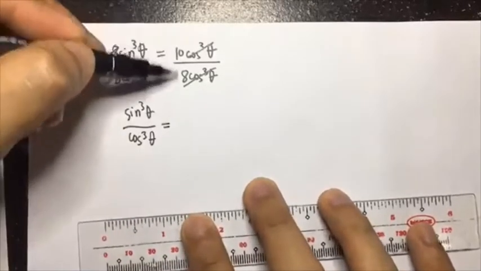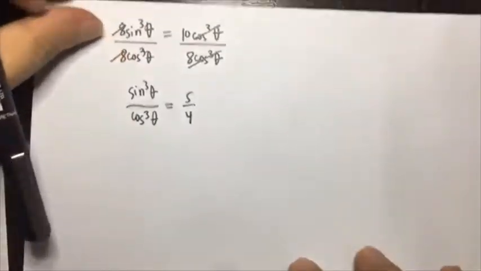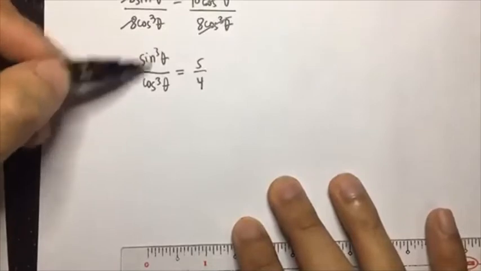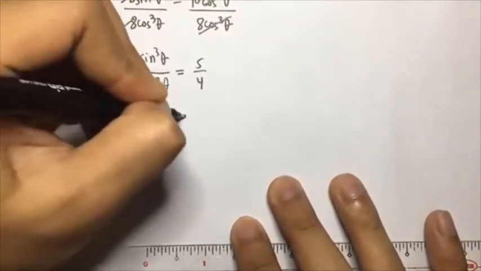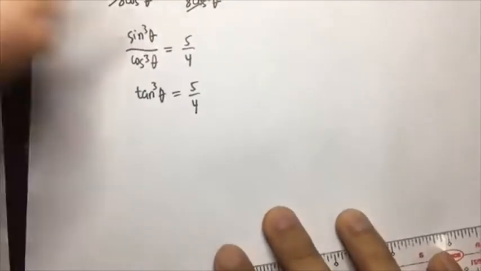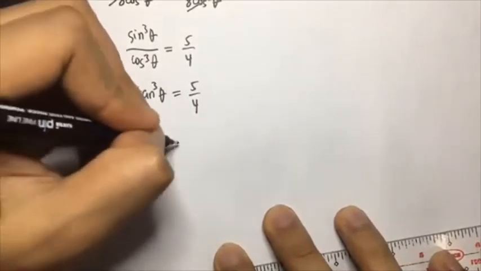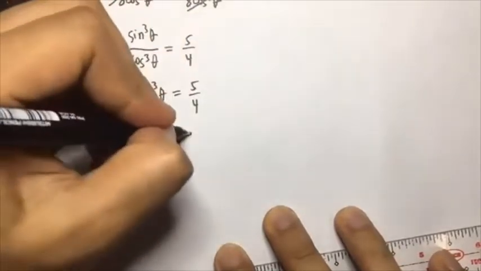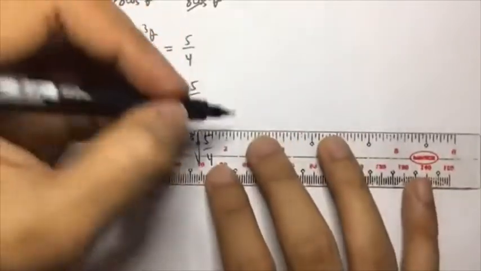It's equal to 10 over 8, so that is 5 over 4. Sine cube theta over cosine cube theta is also equal to tangent cube of theta, equal to 5 over 4. Taking the cube root of both sides, we will have tangent theta is equal to cube root of 5 over 4.